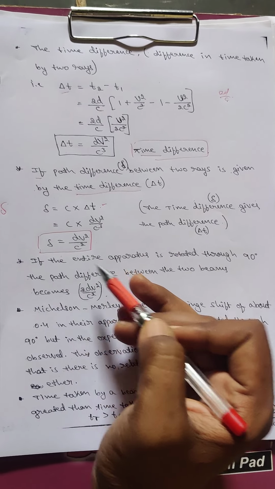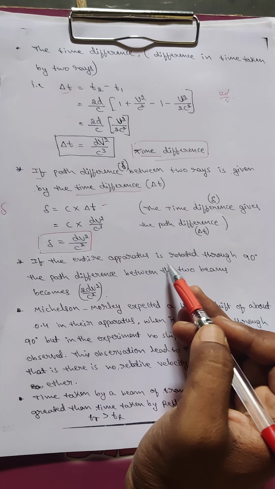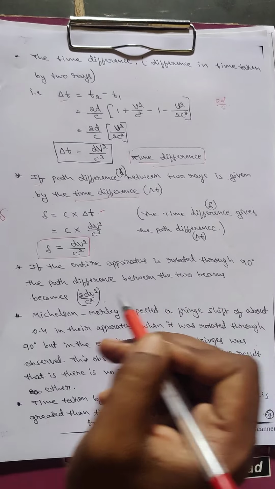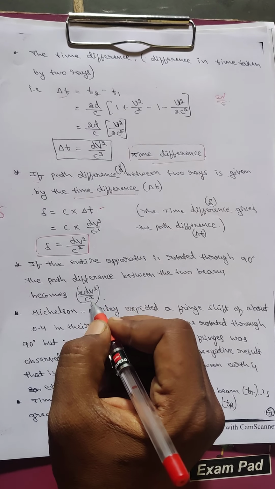Now the entire apparatus is rotated through 90 degrees. The path difference between the two beams becomes 2d v square by c square.